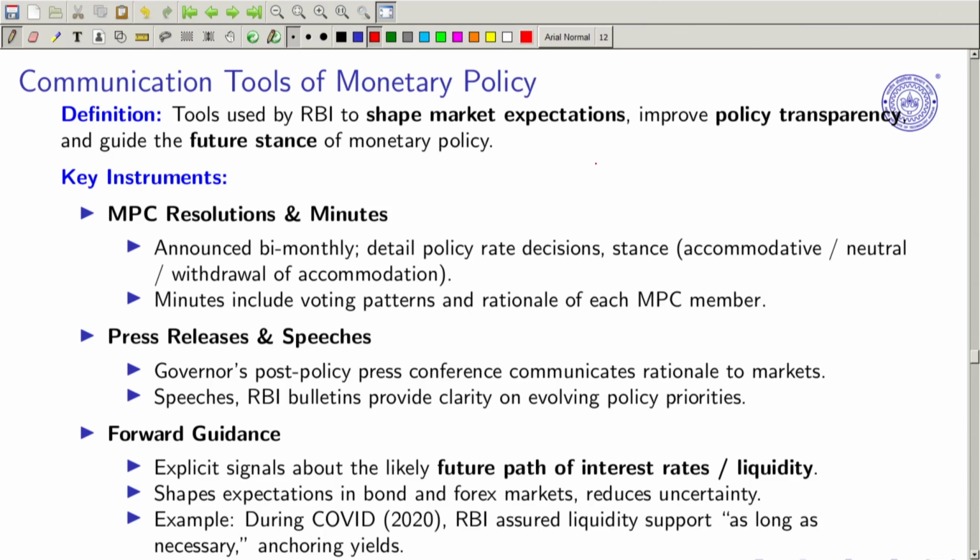Over the years, as I mentioned in the last session, with the development of natural language processing, a lot of new things have come up in monetary policy analysis, and it is useful for commercial banking also. So these are some of the new topics that we'll be learning, and one of the important objectives of this is how we shape the market expectations.